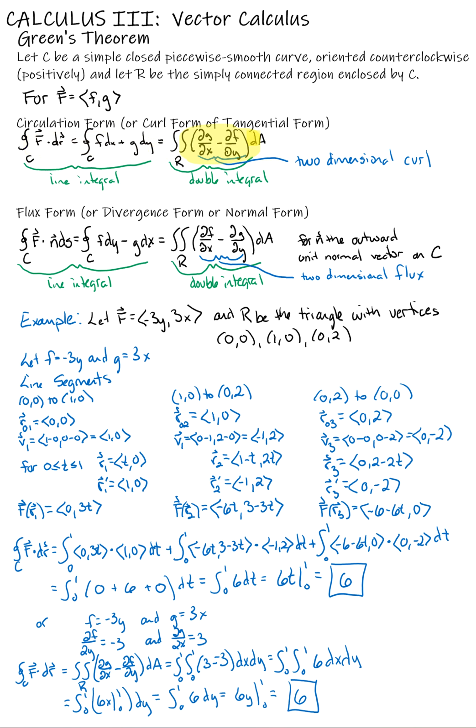In terms of the flux, which we didn't do an example, but it's just as straightforward, it's going to relate the flux across the boundary. The flux across the boundary, that's actually this portion of it. So just the flux along that boundary C gets related to a property of the vector field within that region that produces the flux.